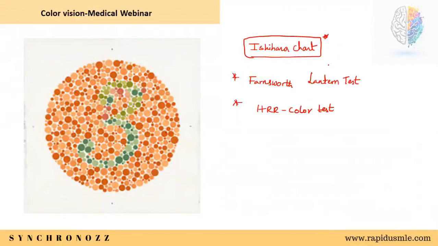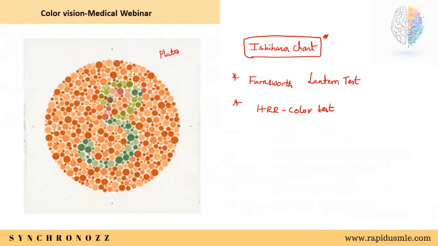What do they contain? They contain color plates, which have figures made up of colored spots. You see, these are all colored spots, green and lighter green, red color. They have colored spots on a background of similarly shaped colored spots. The shapes are almost similar, but the number has a different color in comparison to the background.